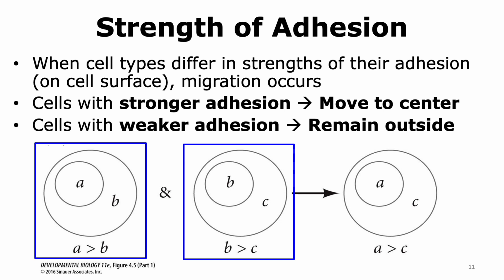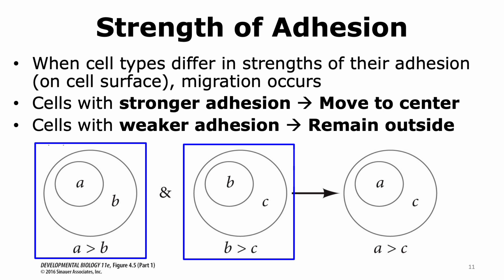On the other hand, if we take cells that are of type B and mix them with cells that are type C, and if B has a stronger adhesion to C, then in this case, B moves to the center while the C cells tend to be at the periphery.